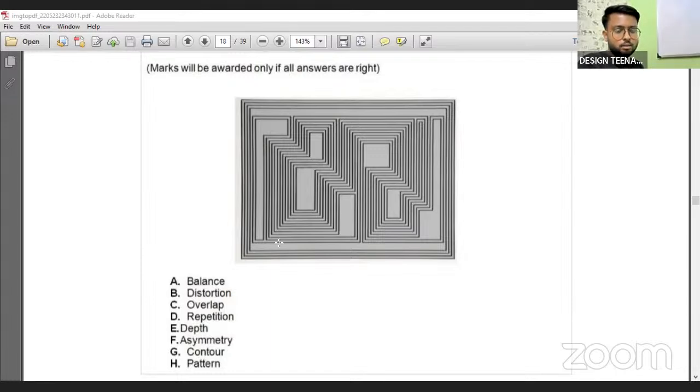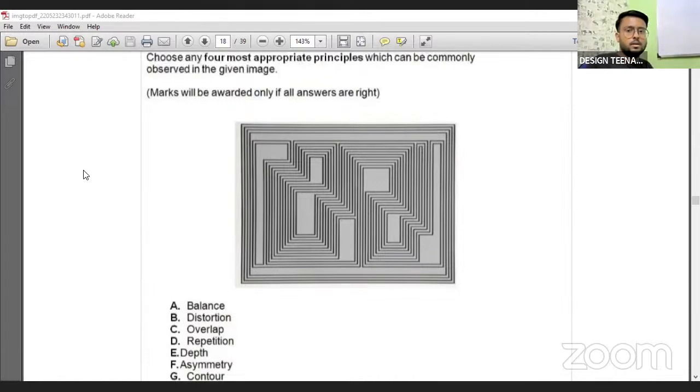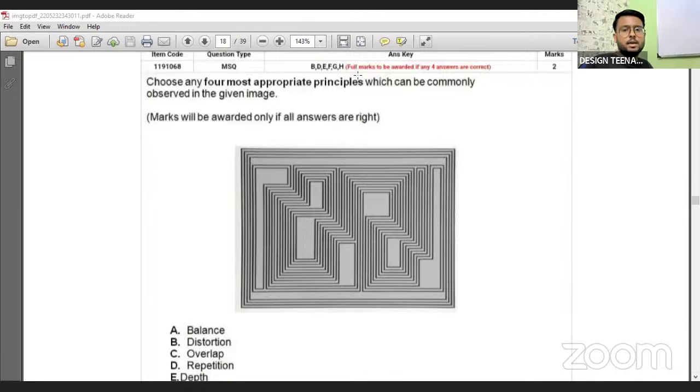What else? Repetition. And other than that, asymmetrical balance. Are these the four principles which are most dominating? Yes. Fine. Now let's see the answer.